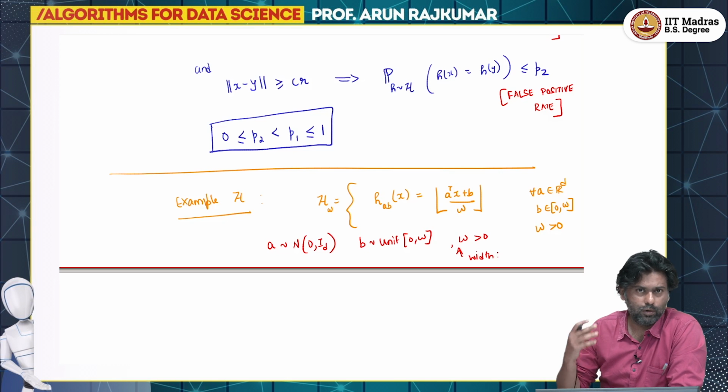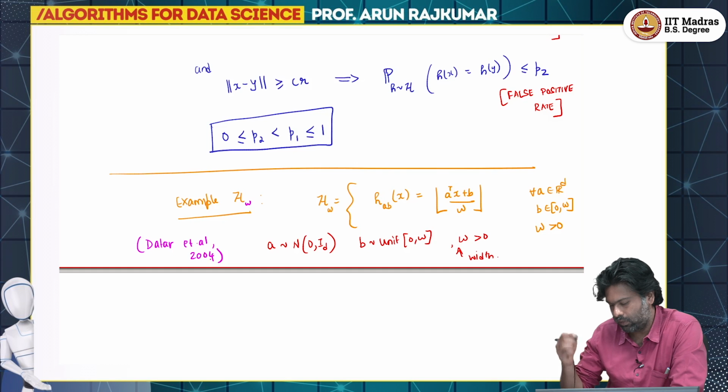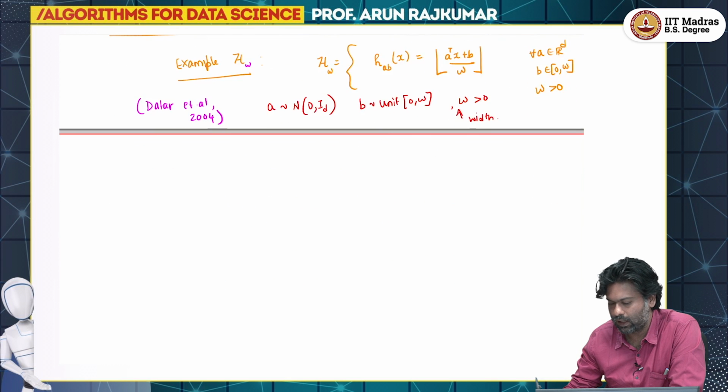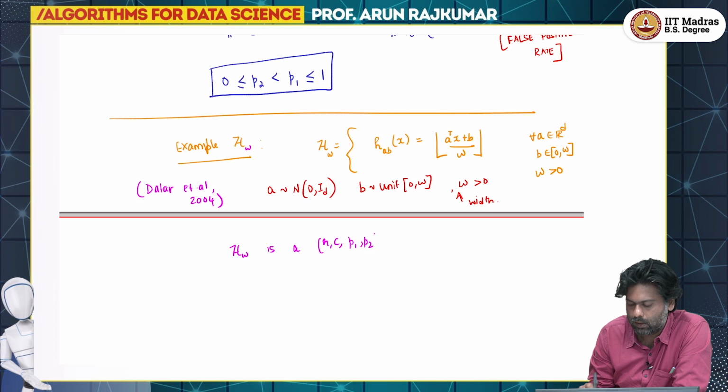So, we did not compute those values, but let us call this H_W just to indicate that this depends on W. I should also mention this was proposed by Datar and others in 2004. So, that's when this kind of hash family was analyzed first, and H_W is R, C, P1, P2 sensitive.